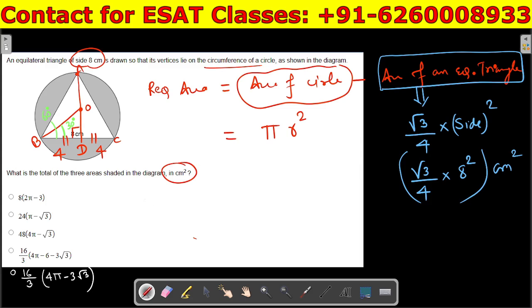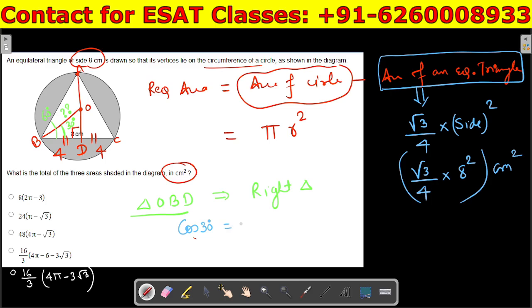Now consider the triangle OBD. You can see this is a right angle triangle, and in this right angle triangle we are interested in finding BO, because BO is my radius. So which trigonometrical ratio can we apply here? We should apply cos.